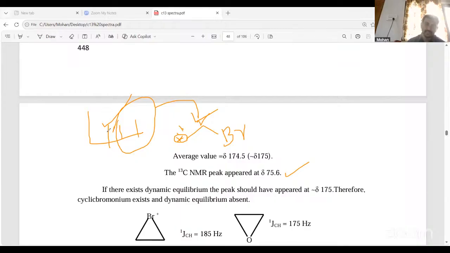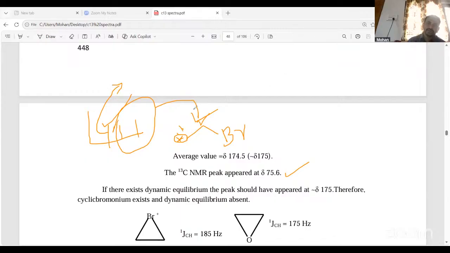By keen observation, that additional signal in the C13 spectra gave the evidence for the interconversion of that carbocation at the equilibrium state. At equilibrium, it is interconverted from forward to backward, backward to forward. By this interconversion, the instrument observed a different carbon here.